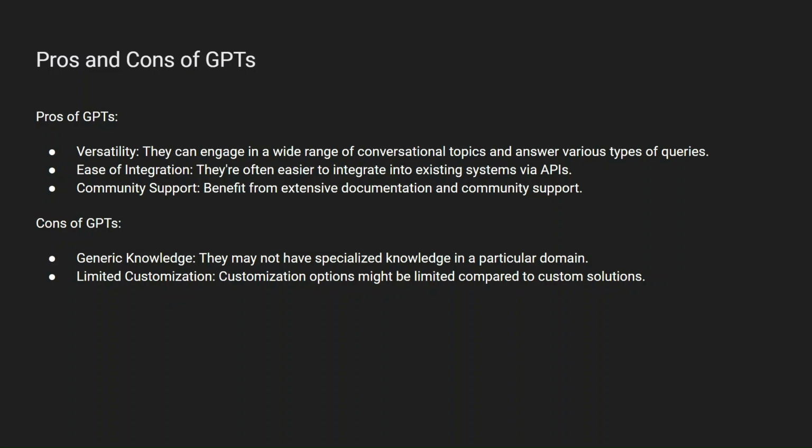One con is generic knowledge. The knowledge is not limited to a particular domain, even though you try. It is generic. And there's limited customization. When I say limited customization, you can't integrate more third-party services if they don't have APIs.